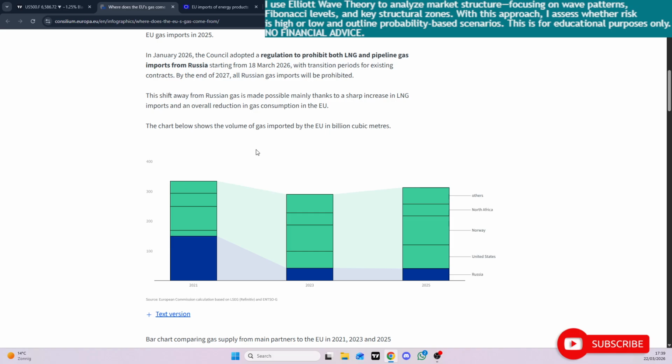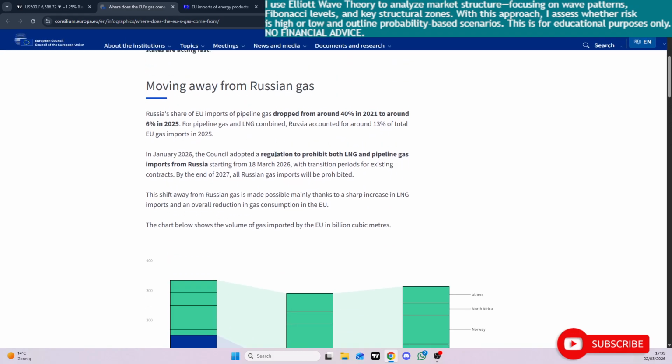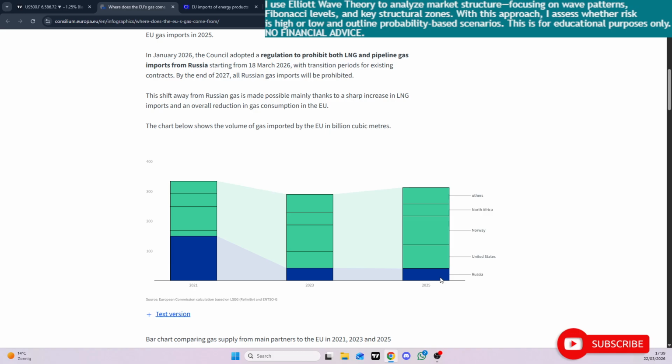I don't know what unit this is, I didn't read it completely, but basically you can see that the EU imports from North Africa, Norway, the US, Russia still. Also, I think last week the US said it's lowering sanctions on the Russian pipelines, so maybe Europe is now temporarily going to increase imports from Russia. But then others, I think the Middle East fits in here.